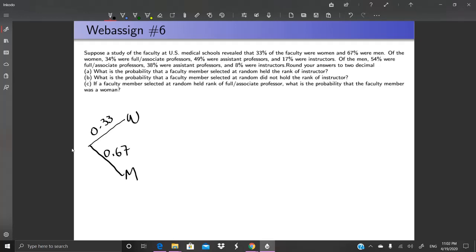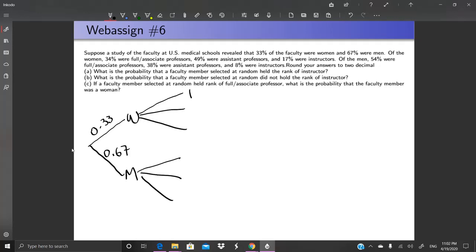Okay, let's read on. Of the women, 34% were full or associate professors, 49% were assistant professors, and 17% were instructors. So that means that we need 3 branches extending out from women and from men, because we usually get the same information about both. So we'll do 3 and 3.